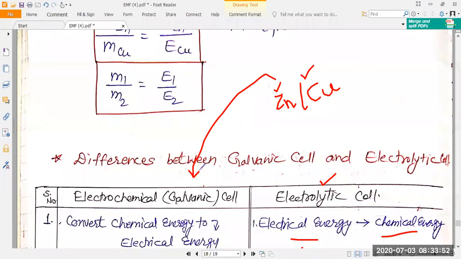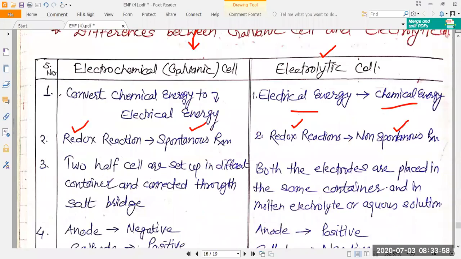In an electrochemical, galvanic or voltaic cell, the two half cells are set up in different containers and connected through a salt bridge. We know this very well, and we also know the structure of the electrochemical cell. If you have any doubt, you can ask me. In electrolytic cells, both electrodes are put in the same container in the electrolytic solution.